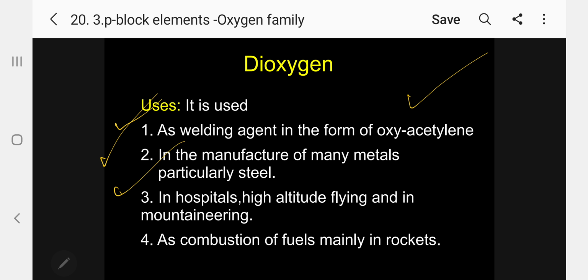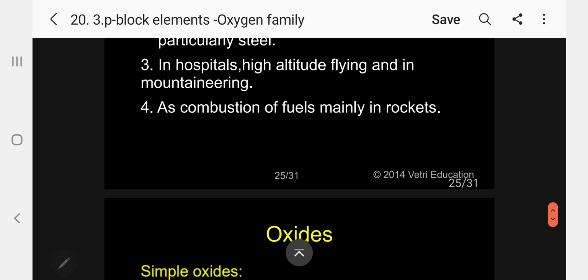Three, in hospitals, high altitude flying and mountaineering we require oxygen, because oxygen cylinders are always available in all hospitals. Number four, as combustion of fuels, mainly in rockets, we are using oxygen. These are the uses of dioxygen.